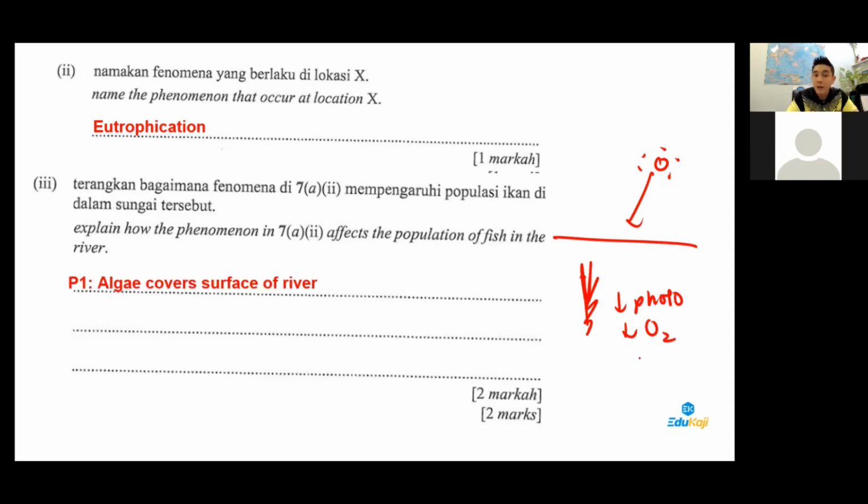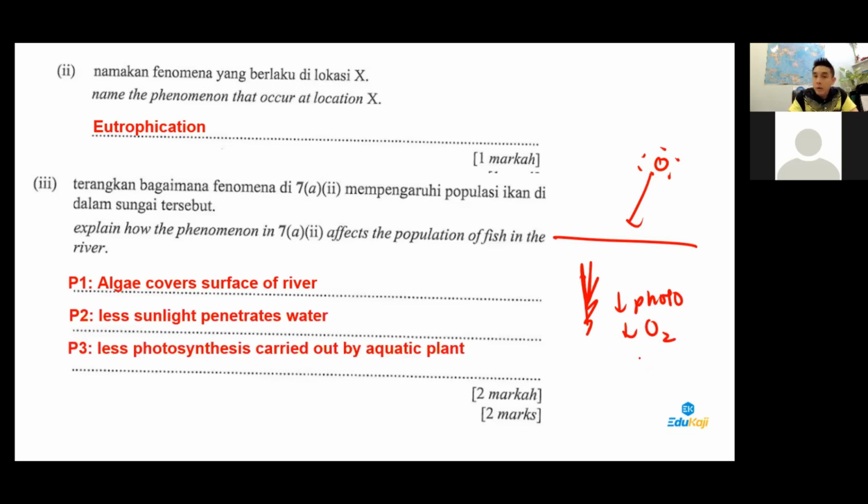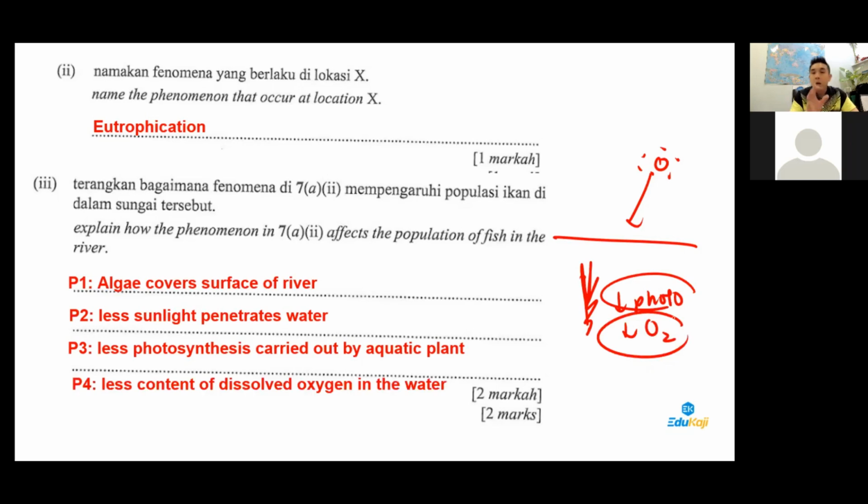Algae cover the surface. Less sunlight can enter the water. Lower rate of photosynthesis. Less oxygen. Oxygen normally we add this word dissolve. Dalam BM oxygen terlarut.